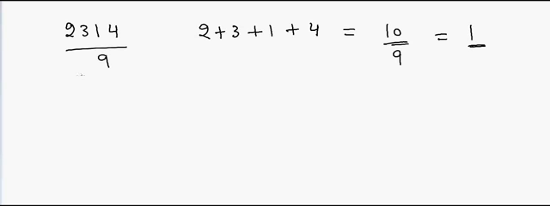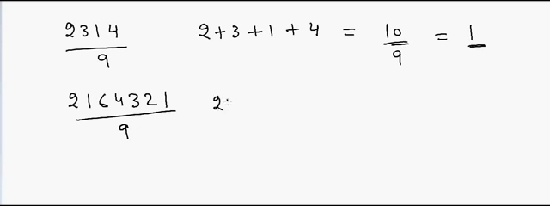Another example is 2 1 6 4 3 2 1. So you can see it's a very large number, and what will happen if you divide it by 9? In that case, 2 plus 1 plus 6 plus 4 plus 3 plus 2 plus 1.